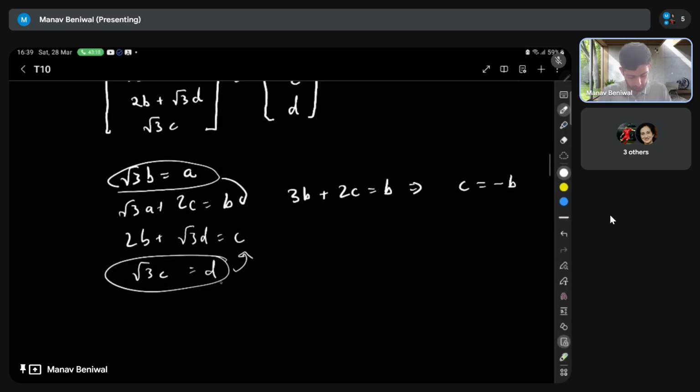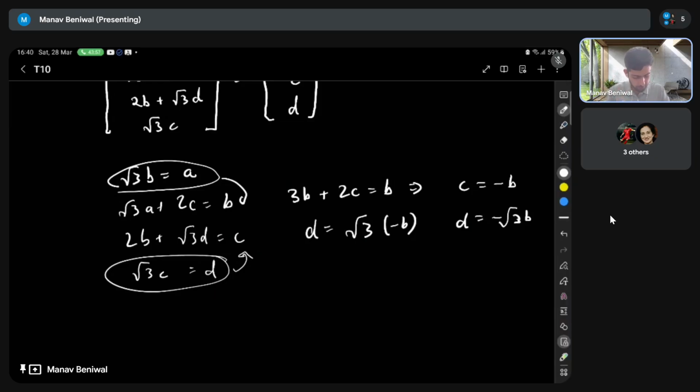Substituting here, this will be 2b, and if we put d as under root 3c here, this becomes 3c. I think it will give us the same thing. So now we have this relationship of c with minus b. Let's do d as under root 3, and instead of c we have minus b here, so d is minus root 3 b.